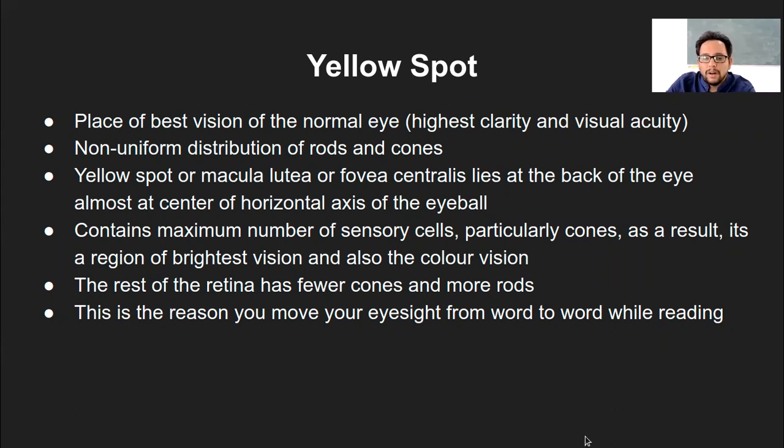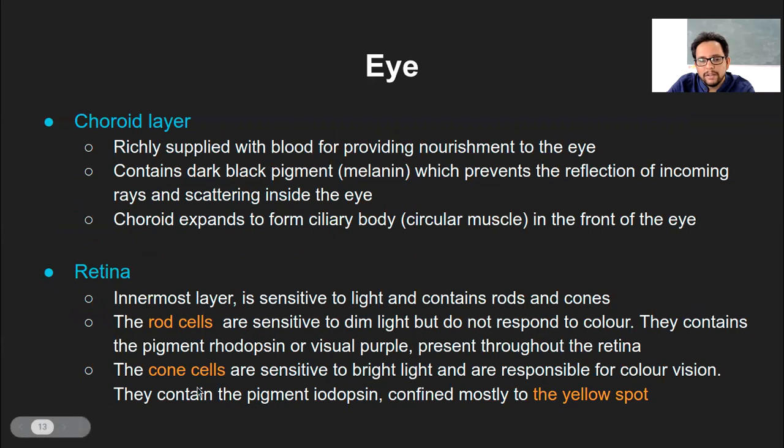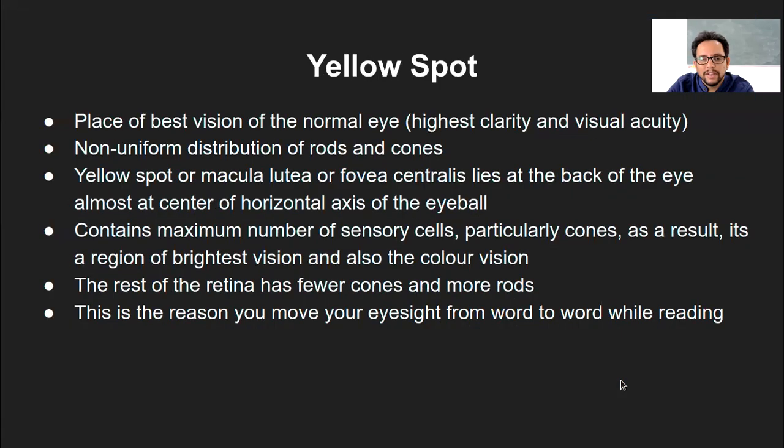Now, if you go back to this particular line, the retinal structure, the cone cells are confined mostly to the yellow spot. Now why is that so? Because of the cone cells, when light is entering the eye, it is bright light, so the pupil will be constricted.